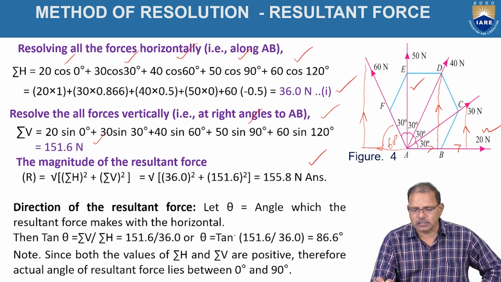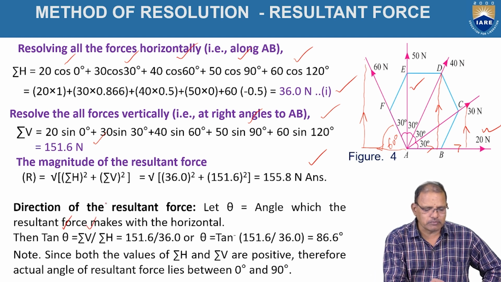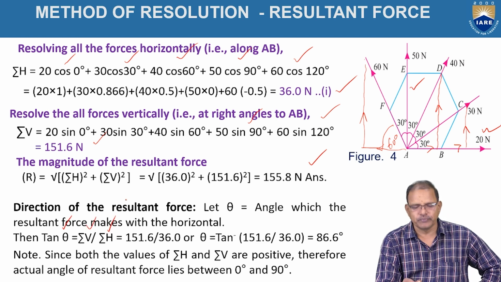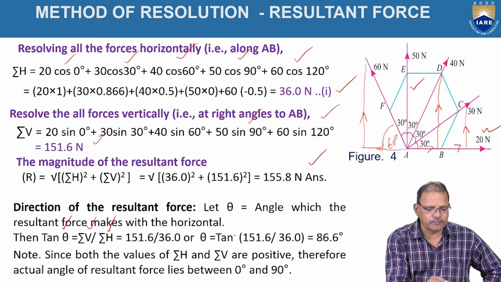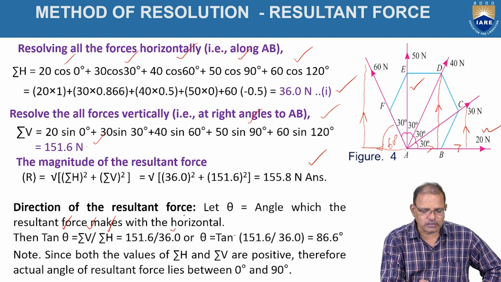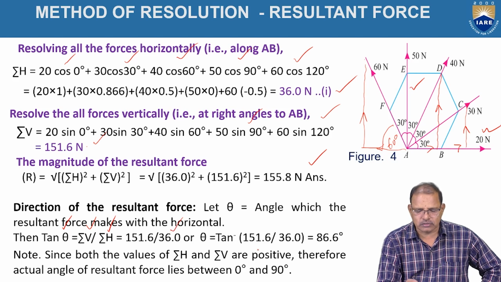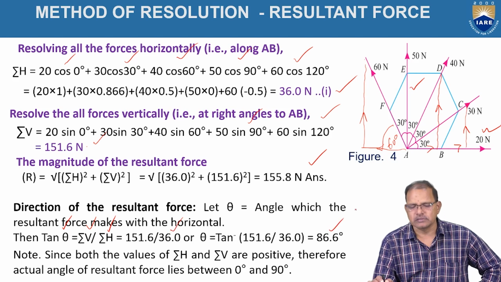The direction of the resultant force is obtained by using the relation tan theta is equal to sigma V divided by sigma H, which is equal to 151.6 divided by 36, which gives 86.6 degrees.